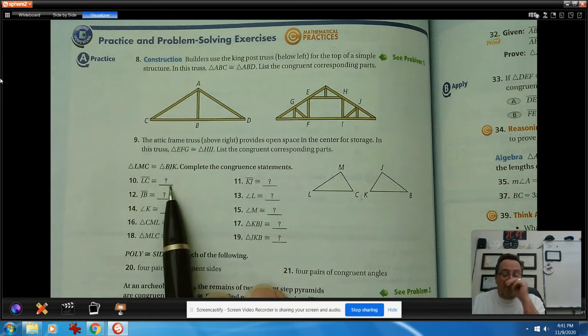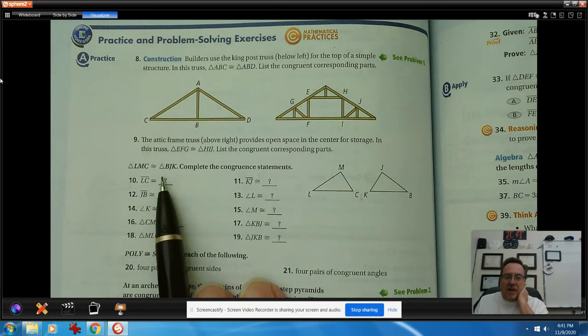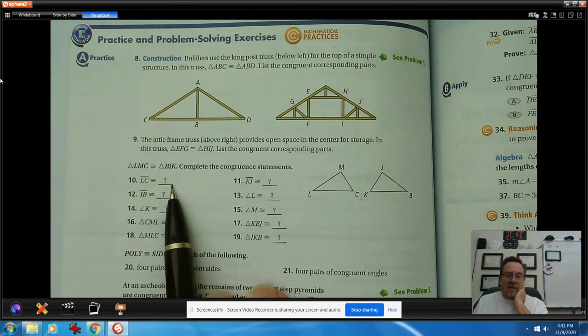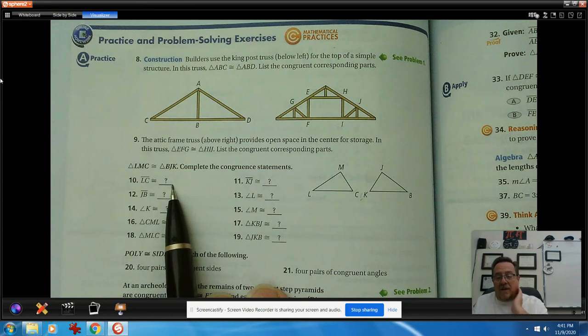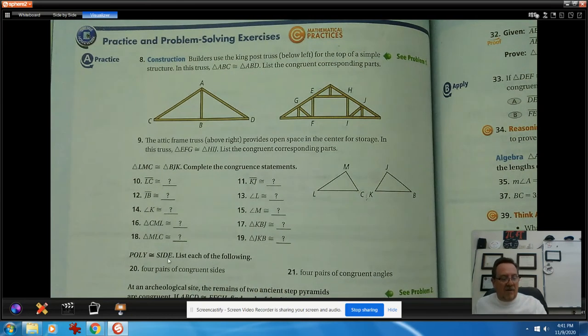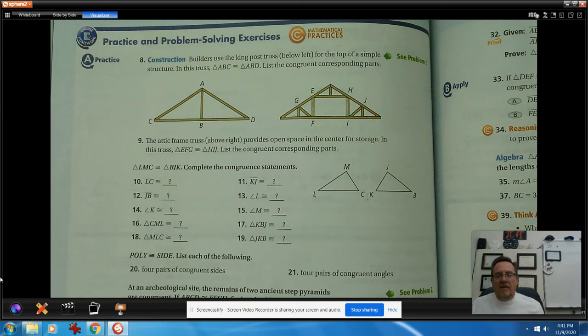How do you write a segment? Well, you write the letters B and K and you put a little line over the top because it's a segment. Segments can be congruent. If you just write BK and you don't put the segment symbol over the top, you're not doing it right, because if you just said BK, you would be talking about its measurement.